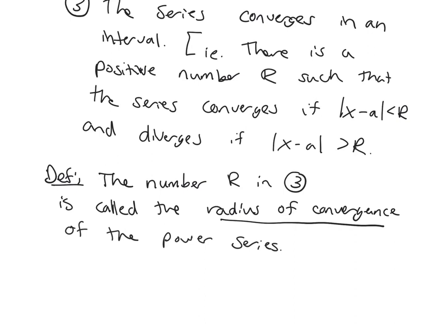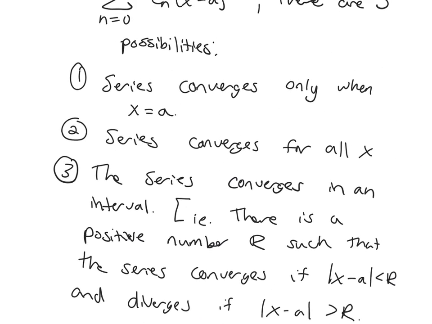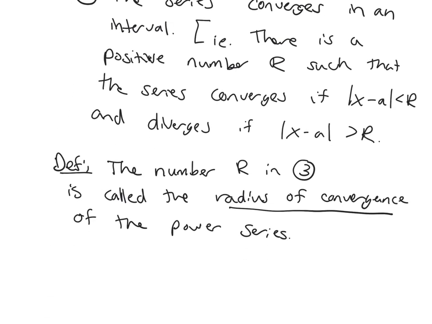Well, if I look back at my other possibilities, they don't have this value R. The series converges for only one value, or it converges for all values. So in these cases, we're still going to have a radius of convergence, but I have to tell you what it is.